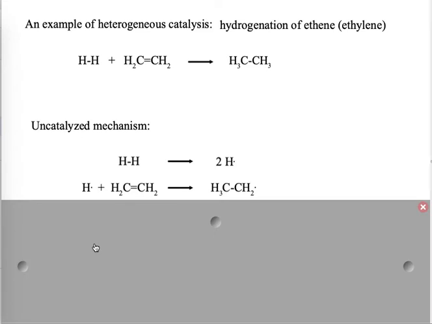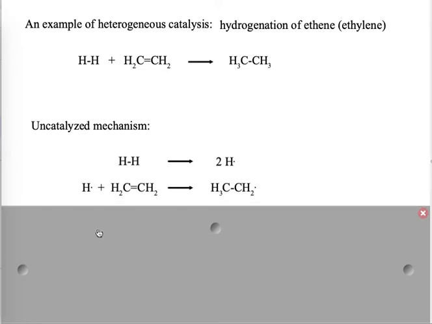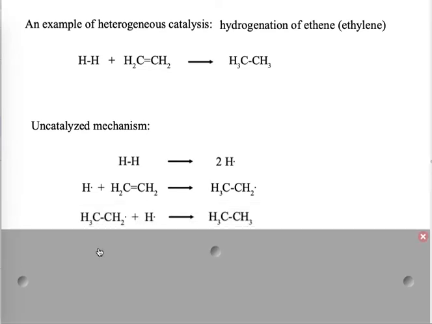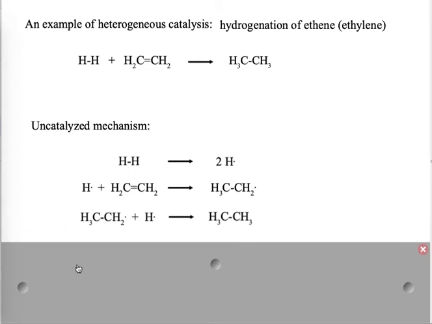Addition of one hydrogen atom to the ethene molecule forms this odd electron species. That occurs very rapidly. And then addition of the second hydrogen atom forms the ethane molecule. The reason this is very slow is because the first step, which is the rate determining step, is extremely slow, given the fact that the hydrogen-hydrogen bond energy is quite high.